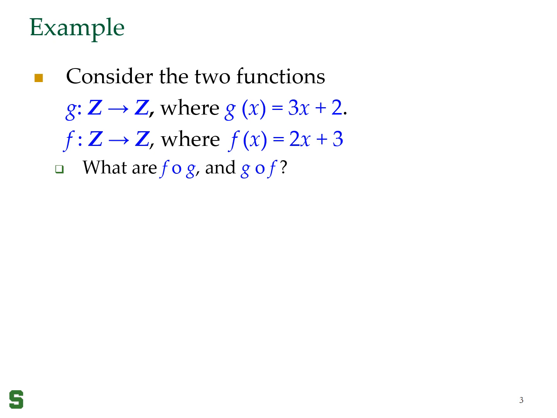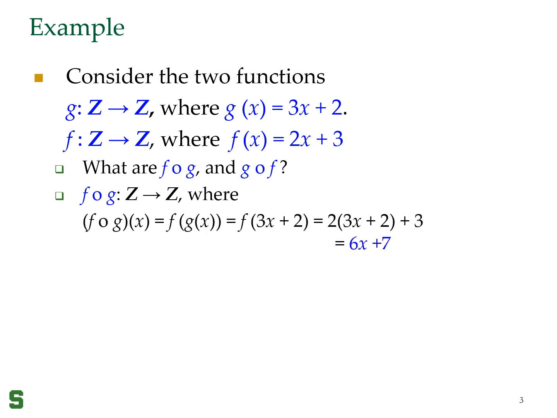Alright, let's review. F composed with g means first we apply g, then we apply f. So it's f of g of x. Well, g of x is 3x plus 2, so I can put 3x plus 2 in this formula.